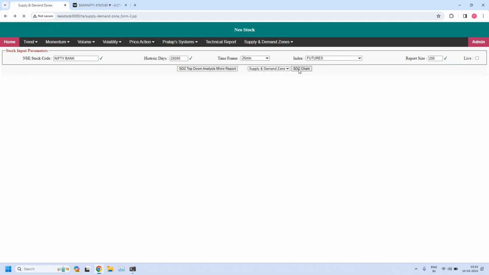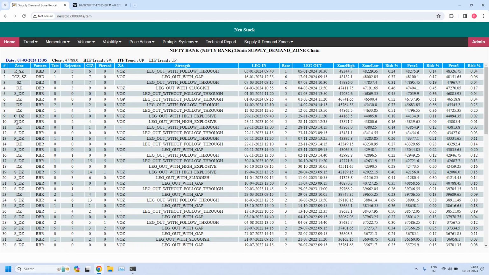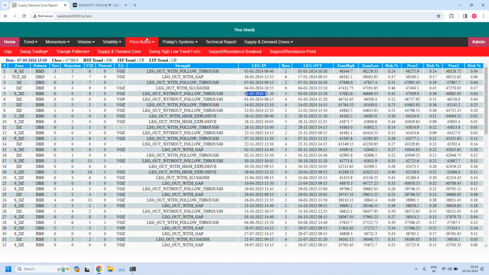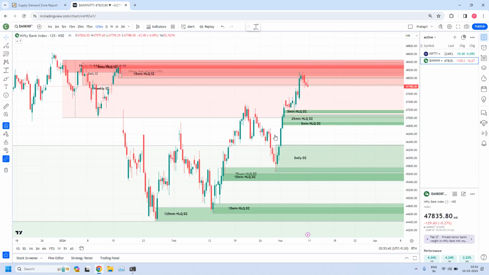Probably you might see some changes in the 25 minutes time frame. Let us verify. Yeah, in 25 minutes, if you look into the high liquidity demand zone, this is on 5th. This is the recent high liquidity demand zone. This is 11/20.